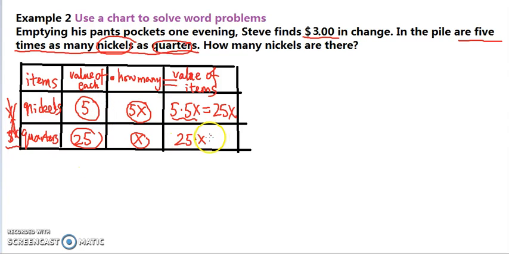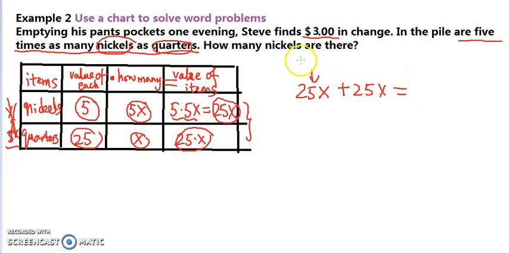And next we're going to add these two. We have 25x for nickels and 25x for quarters, and they happen to be the same here, but they don't always equal each other. So we have 25x plus 25x.